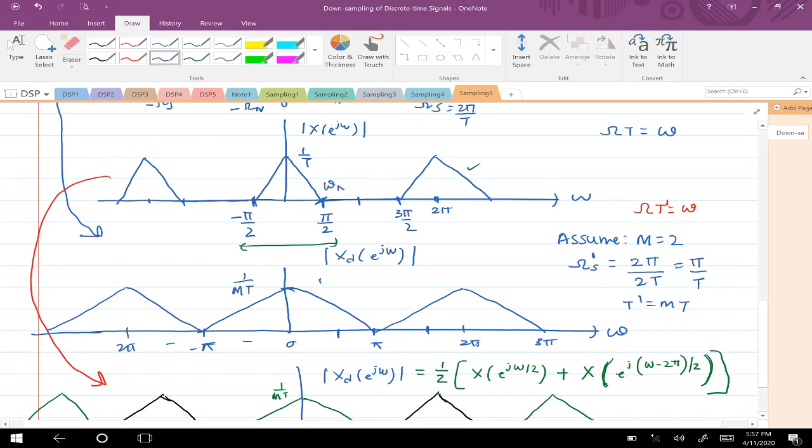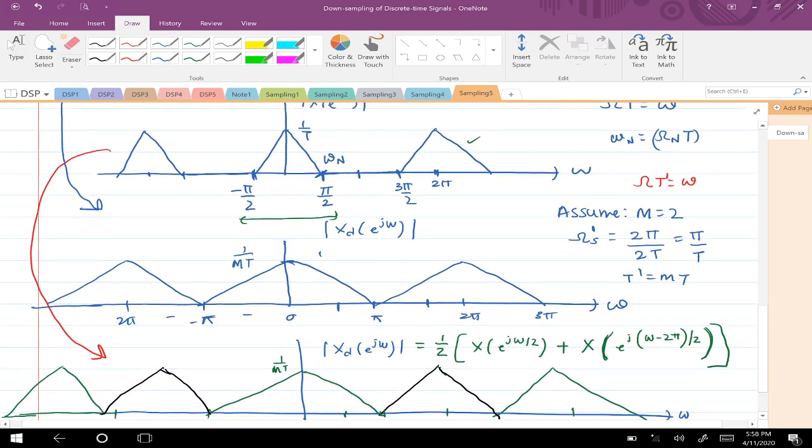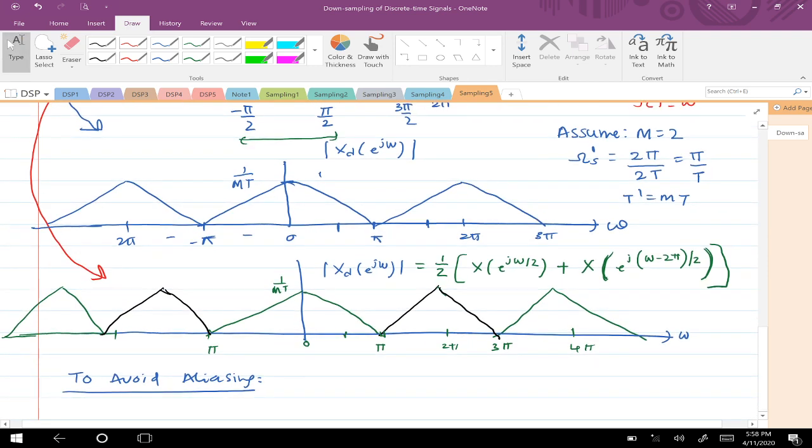Omega N is nothing but capital omega N times T, which I am calling omega N. If I call that omega N, what is this value? This is equal to omega N times M. This is further coming by a value of M, right? Is it not?